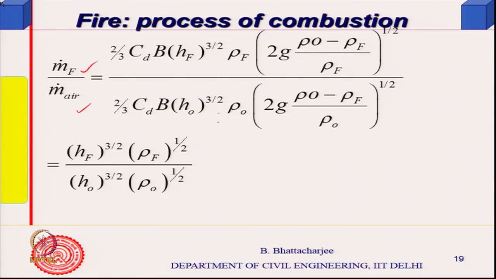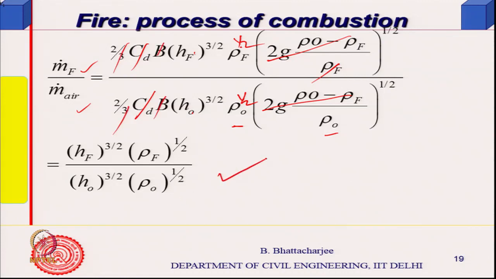I can find out that everything will cancel out, because this portion will cancel out, this comes to rho 0 to the power half and rho f to the power half, so that cancels out. h f and h 0 remain; c d cancels out, 2 by 3 cancels out, b cancels out.